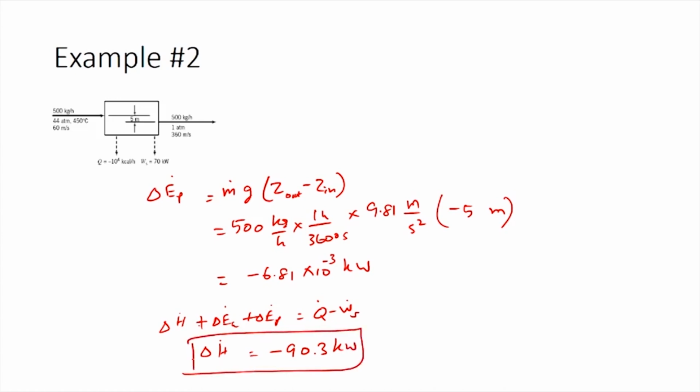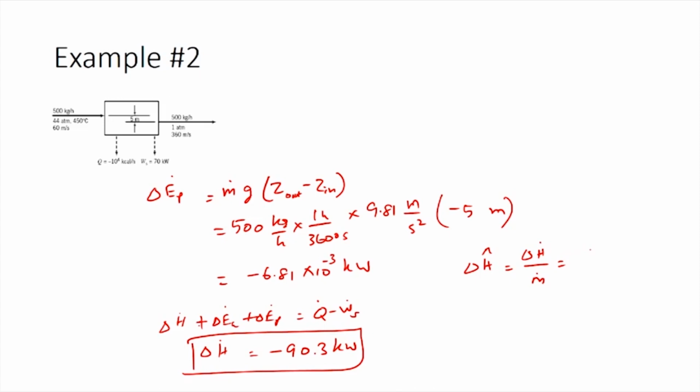The problem asks us to calculate the specific enthalpy change. So, this is the total enthalpy change for the system. We now need to calculate it in terms of specific enthalpy change. This means this value needs to be divided by the mass flow rate. So, ΔH cap would be ΔH dot divided by m dot. Here m dot is 500 divided by 3600 kilograms per second.